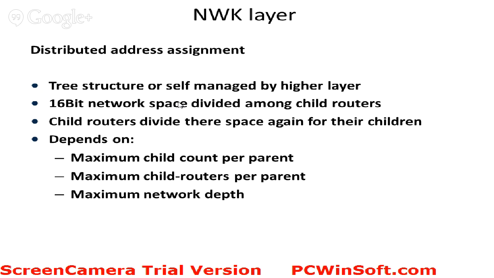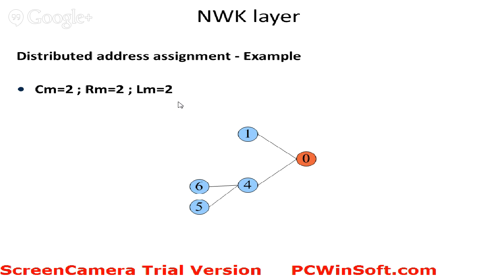I will give you a good example. Suppose I have maximum child count 2, maximum child routers also 2, and the network depth also I have decided as 2. And here is a typical network.